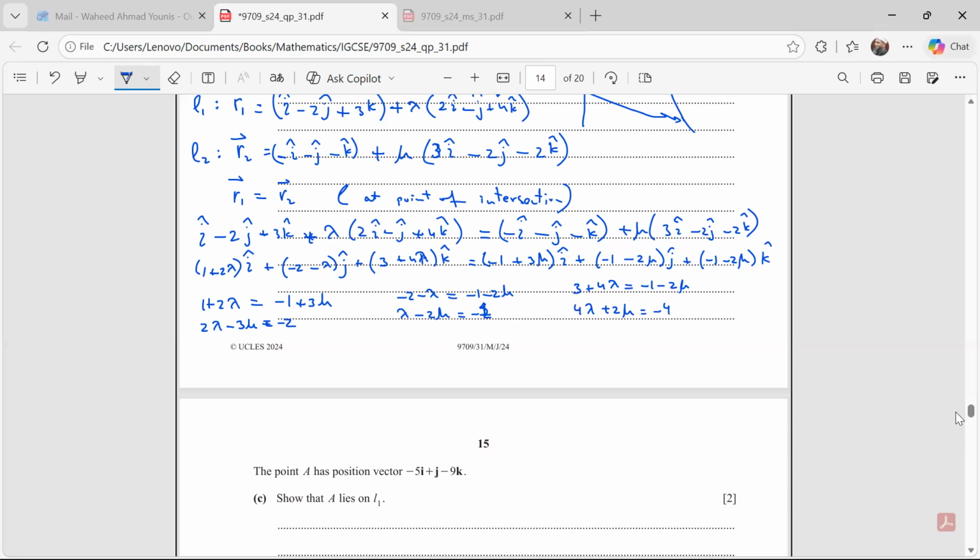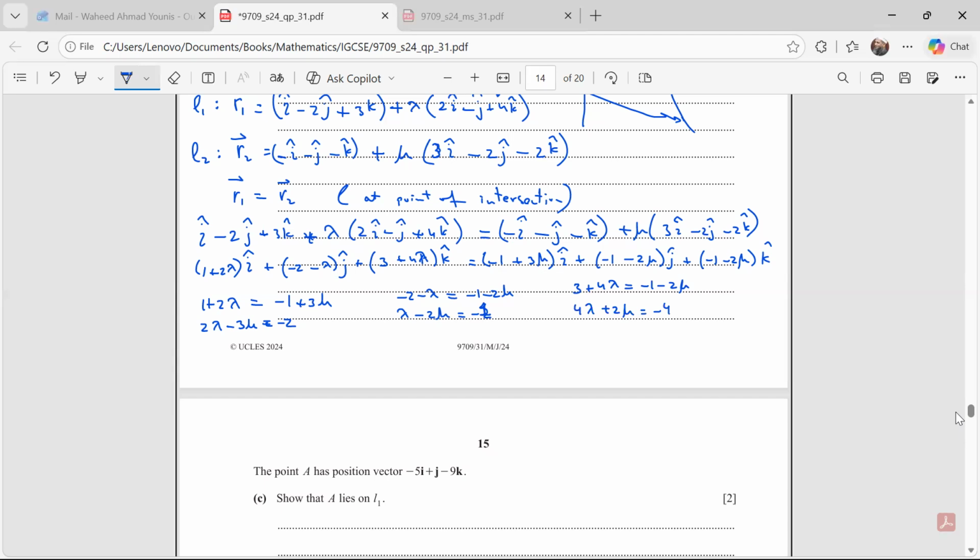Okay, so now I have three linear equations in mu and lambda, and they should give me a unique solution for the values of lambda and mu. So let's try to solve them.